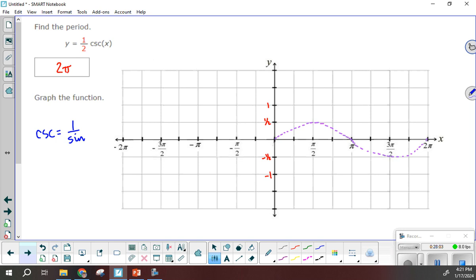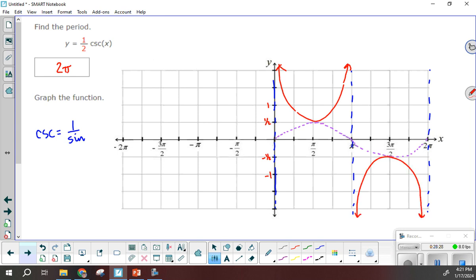Now again, when we talk asymptotes, every place your sine function is at 0 is going to be a vertical asymptote for the cosecant function. So my cosecant function is going to look something like that, and then something like that.